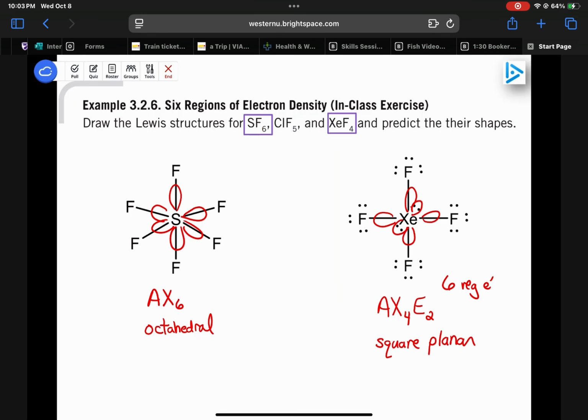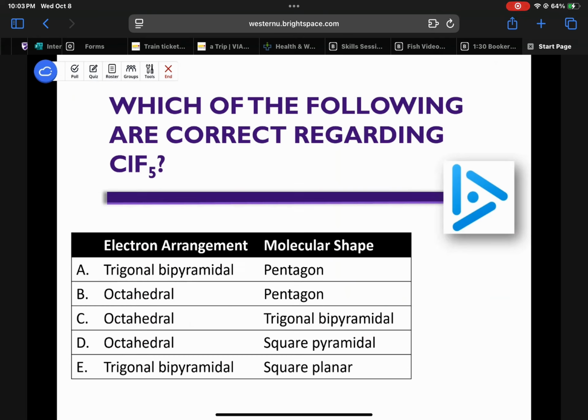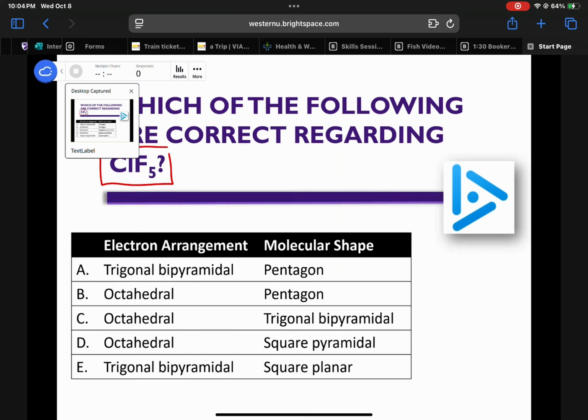Okay, so I'm going to leave this one up, and my question for you is, which of the following are correct for the final compound ClF5? Draw the Lewis structure, figure out its electron arrangement and its molecular shape. Work with the person beside you for 1 minute.